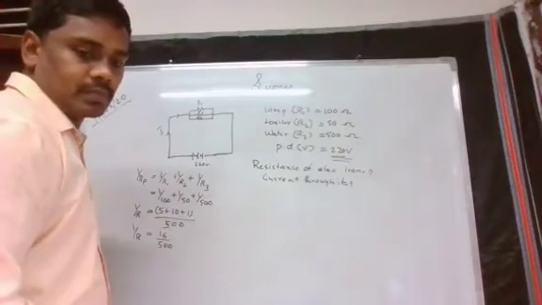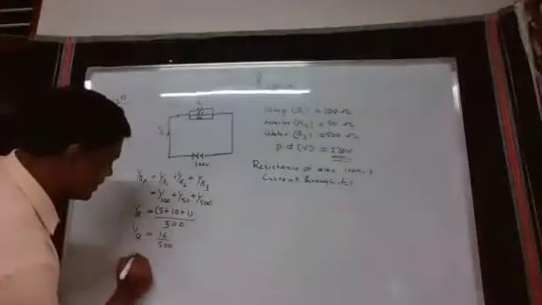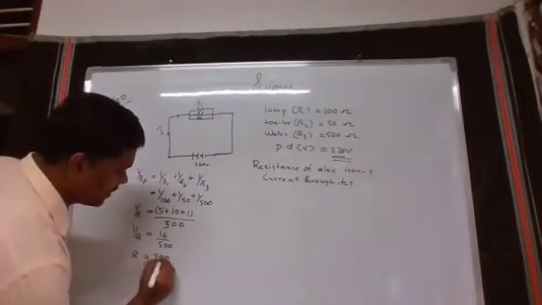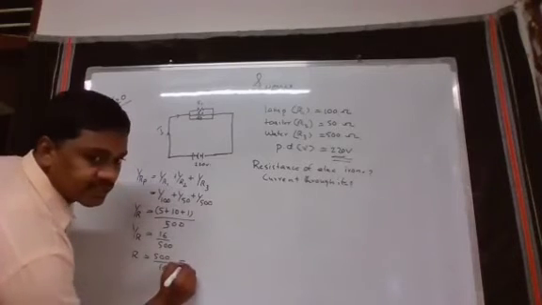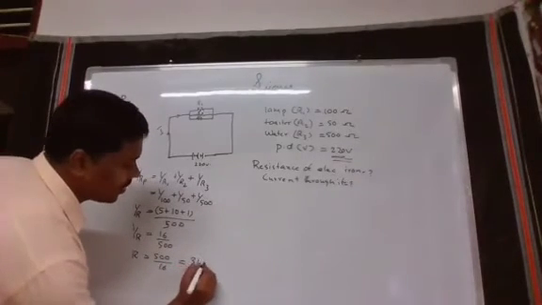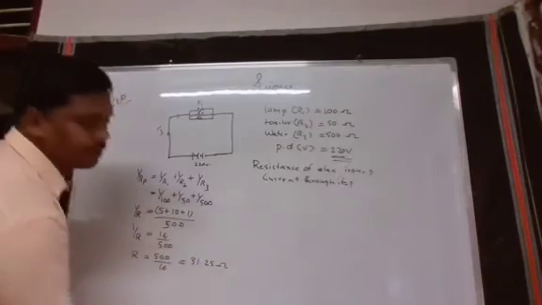So R is equal to 500 by 16, that is 31.25 ohm.